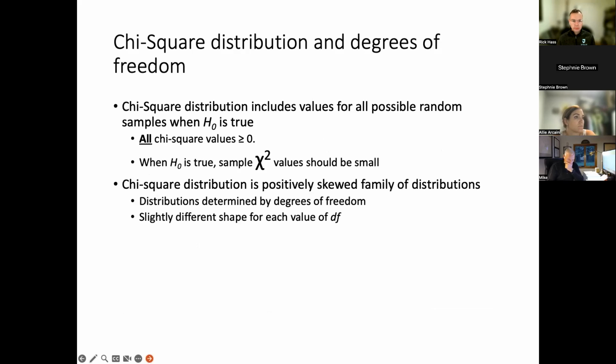So here's some more information about the chi-square distribution itself. Again, you can see in the book there's a derivation of it, basically as a sort of squared version of the normal distribution. It's not important that you know that.